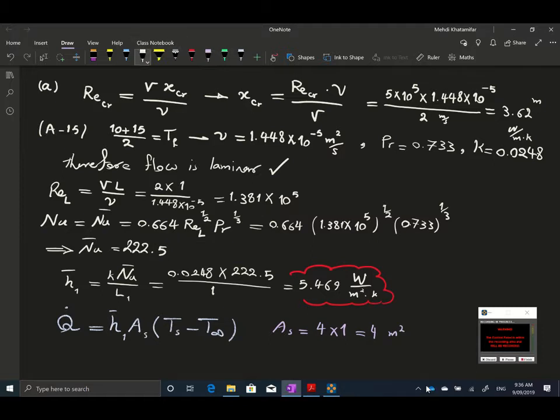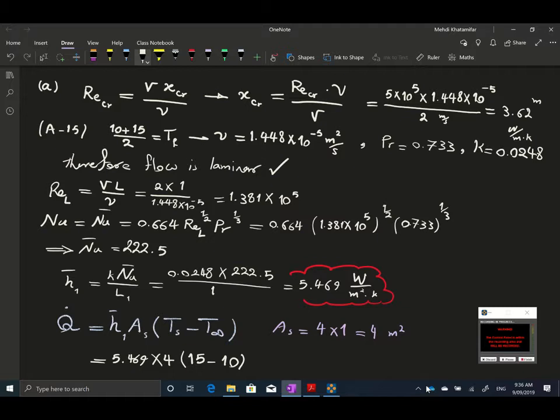So let's plug all the numbers. So H1 we found, 5.469 times 4 meter square. Surface temperature was 15. Ambient temperature was 10.